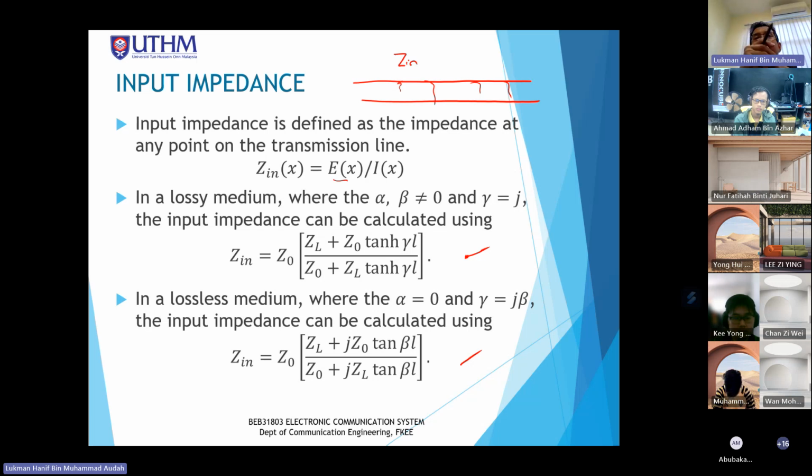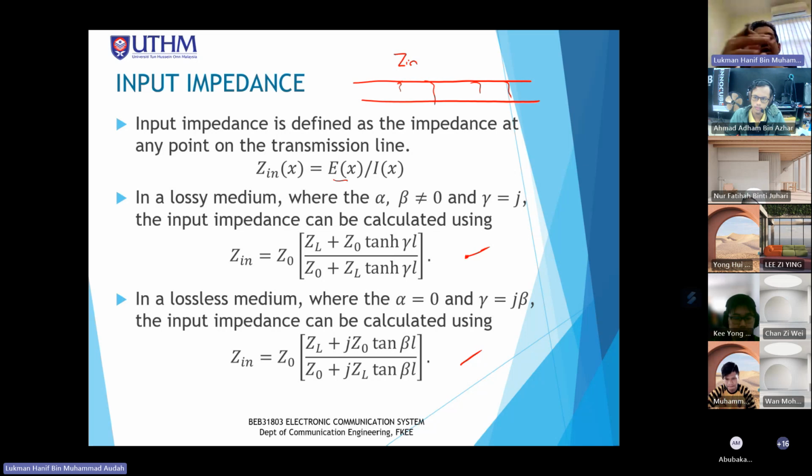A long time ago, we studied this input impedance using a Smith chart. The Smith chart has been pulled out from the lecture notes. We excluded the Smith chart topic because it takes more time for the students to study, so we try to reduce the topics in chapter 5.